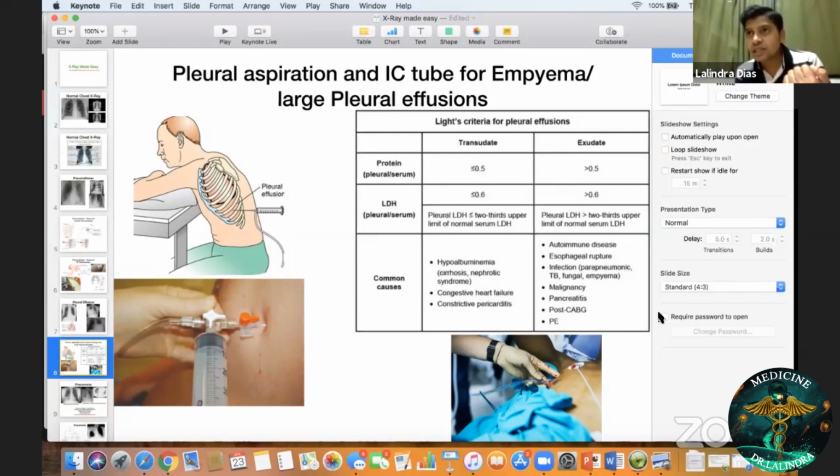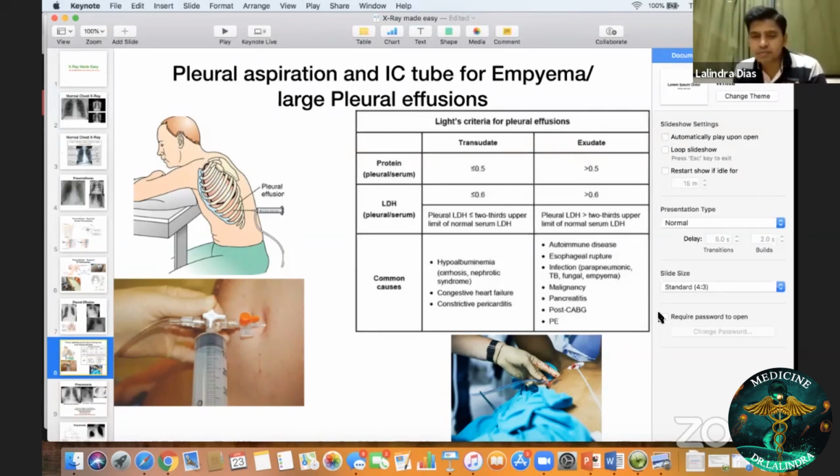Any condition which causes hypoalbuminemia like Crohn's disease. Then also, if you have an ovarian malignancy, ovarian tumor, then you can get right-sided pleural effusion, and that's called Meigs syndrome, right?